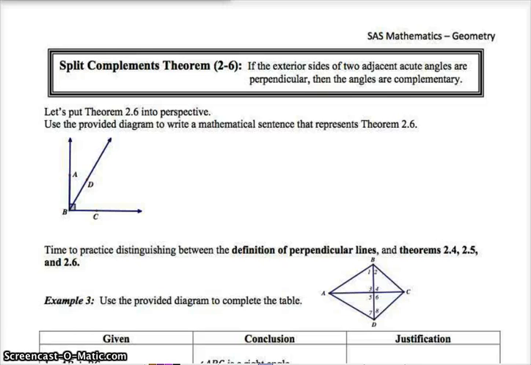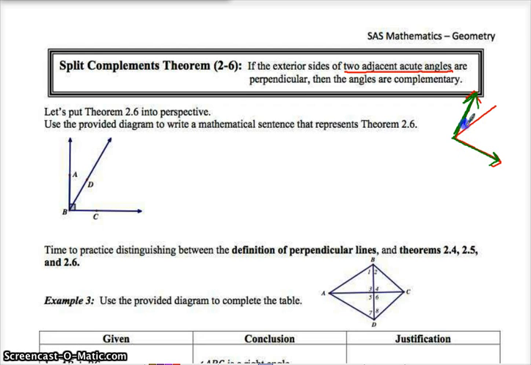If the exterior sides of two adjacent acute angles are perpendicular. Here's an exterior side, here's an exterior side.